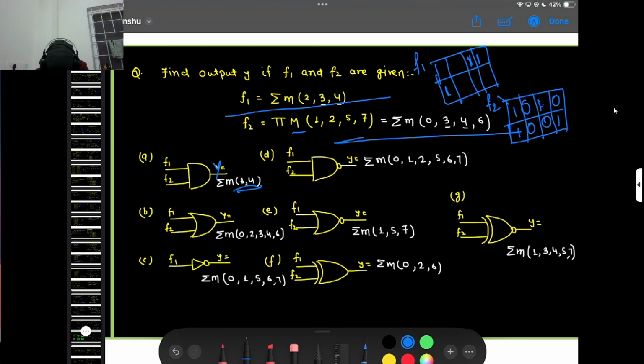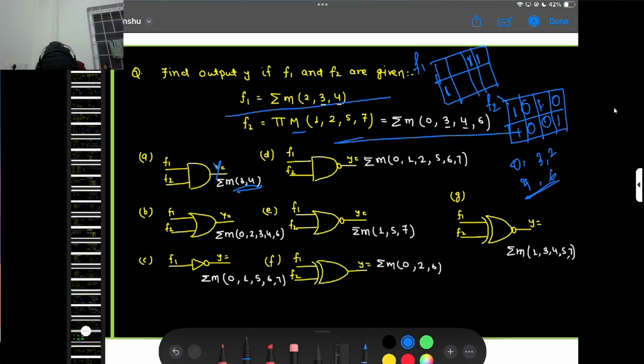And for OR gate, it is 0 2 3 4 and 6. 0 3 0 2 3 4 6 is meant for not.